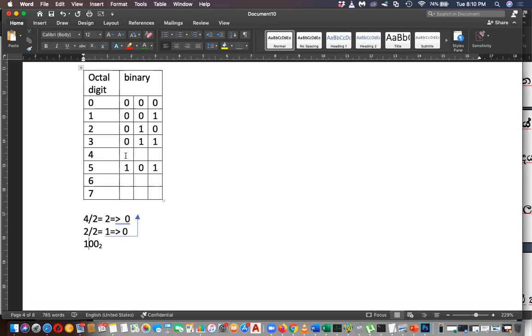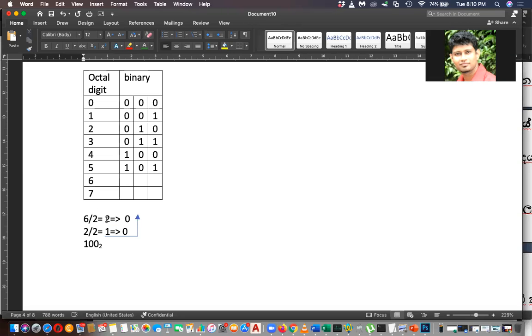So this one is 100. This one is 6. 6 divided by 2 is 3 remainder 0. 3 divided by 2 is 1 remainder 1. It is 110.